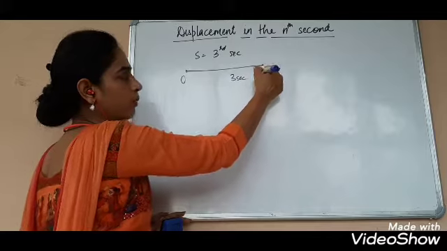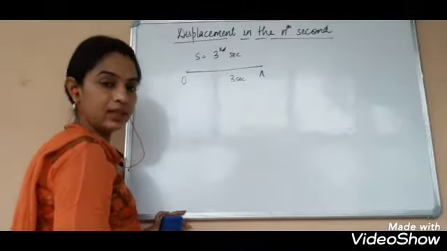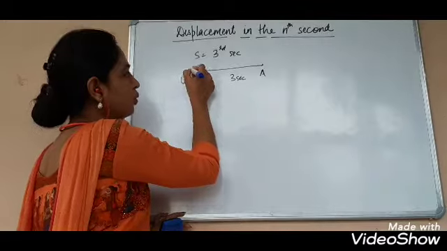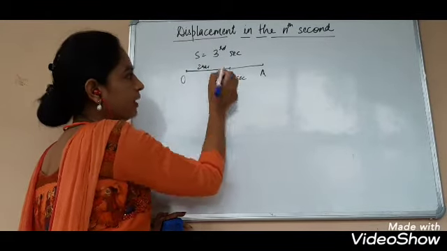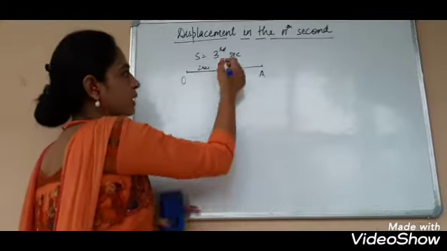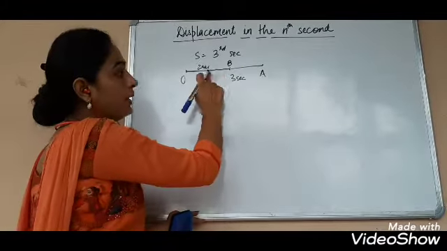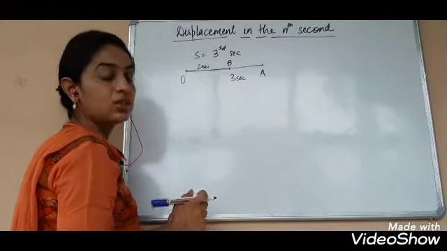This total body reaches from O to A in 3 seconds. And if you know the displacement of the body in 2 seconds, the body reaches B in 2 seconds, and in 3 seconds it reached A.